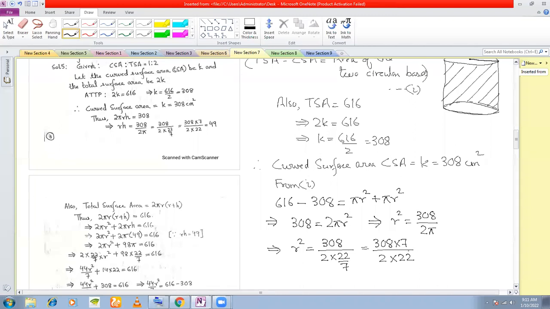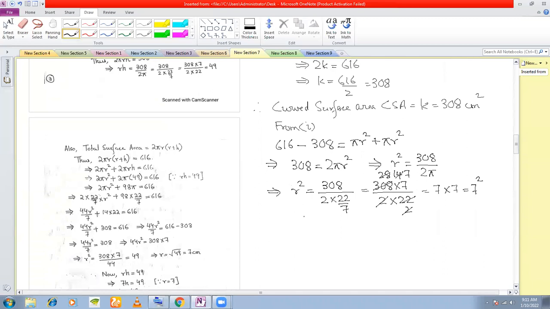Okay. Now let's see what cancels here. 22 will cancel with 308. Will cancel twice, and this will cancel 28 times. Moreover, 2 will cancel here, and then this 2 will also cancel here. So you're getting 7 into 7, which is equal to 7 square.